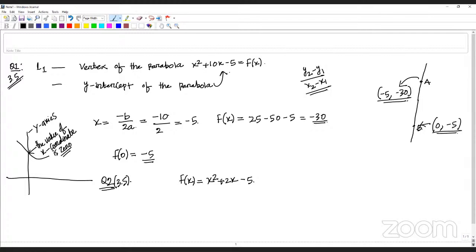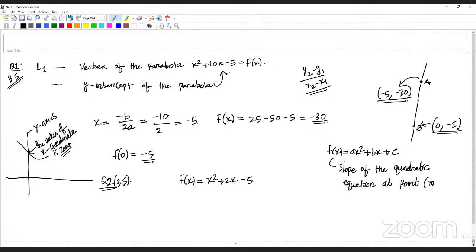So the slope of the quadratic equation, in general, if you have ax squared plus bx plus c, the slope of the quadratic equation at point m comma f of m.